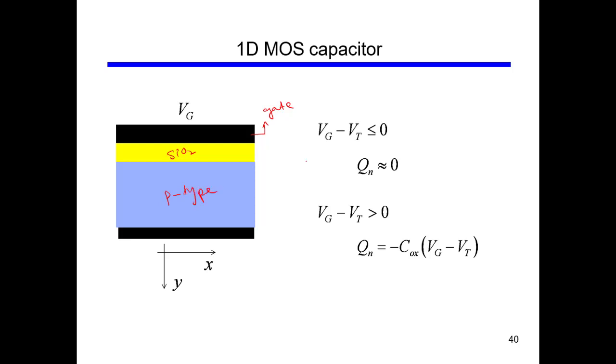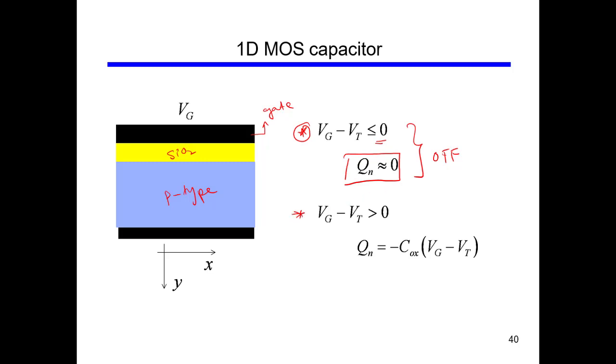So we know very well that when Vg minus Vt is less than 0, so the voltage at the gate is less than the threshold voltage, in that case, there is no channel and the transistor is off, so there is no charge in the channel.